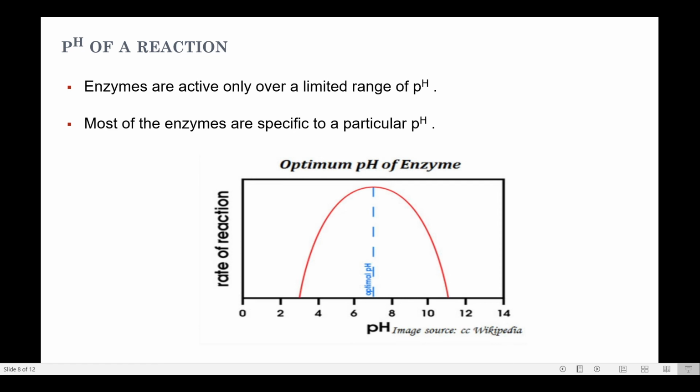If there is a very high change in the pH value, the enzyme will be denatured or coagulated, and will not be functional anymore. Thus, on both sides of the optimal pH, the reaction rate decreases sharply. So for each enzyme, there will be one particular optimum pH at which the reaction rate is very high.